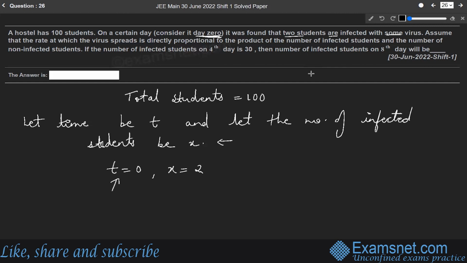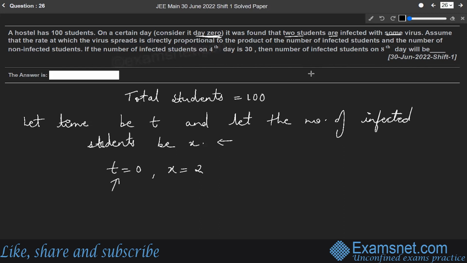Assume that the rate at which the virus spreads. So the rate is directly proportional to the product of two things. The product is of infected students and non-infected students. So first let us think about non-infected students. We have total number of students 100. If from 100 students, X students are infected, then the remaining will be non-infected, right?